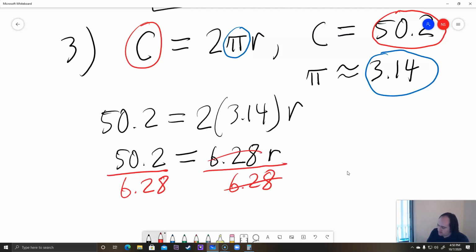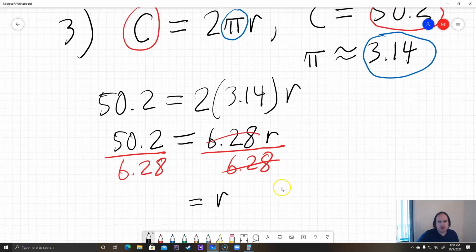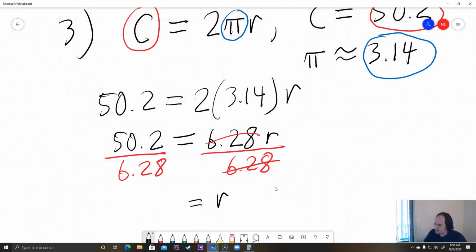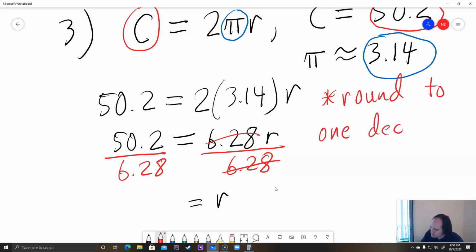Now we're just going to have r on the right side. And in this problem, they told us to round to 1 decimal place. It said it in the directions, I just forgot to write it down. So it says round to 1 decimal place. And that means round to the nearest tenth.